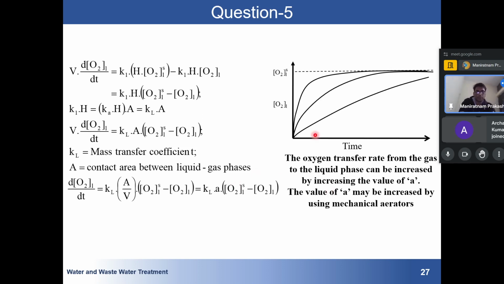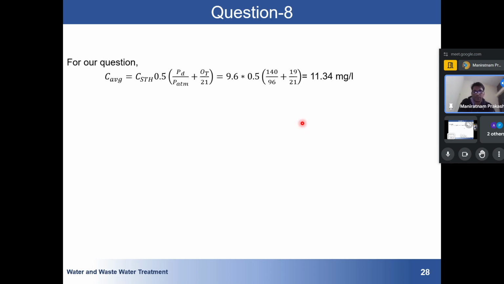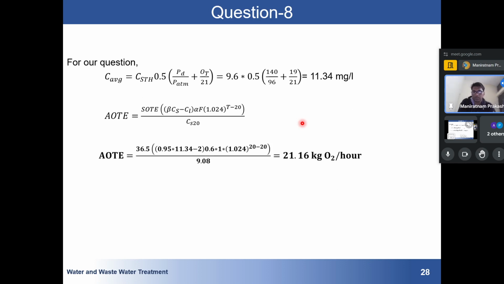With time, our aim is to saturate the oxygen so that sufficient oxygen is present in the system to decompose the organic matter with the help of microorganisms. That is my main target. If you reframe the formula, you get this equation for C average, and the average oxygen transfer will be the standard oxygen transfer into this term.